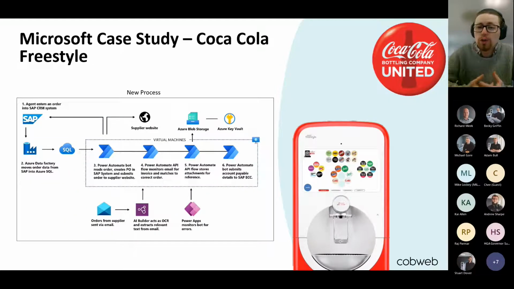So the solution was built by the Coca-Cola company's fusion teams of citizen developers and professional developers, as well as its partner, Happiest Minds Technology, which is an IT company. Coca-Cola United started by synchronizing the data between the company's SAP CRM system and their Azure SQL using Azure Data Factory.